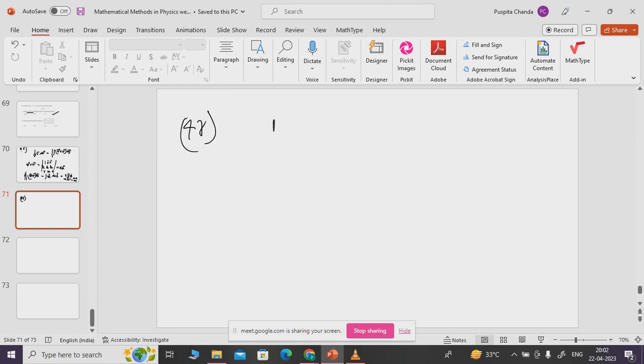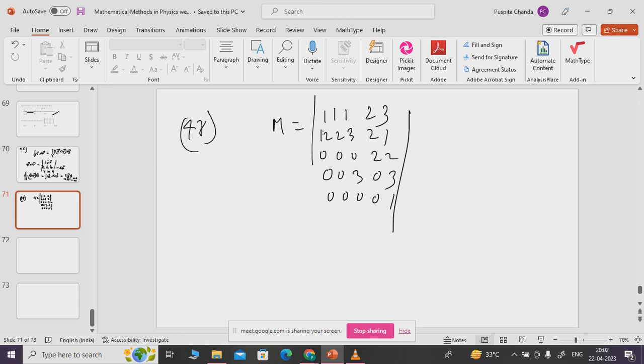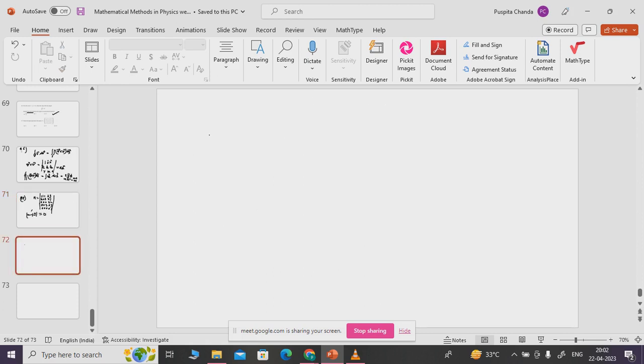So the question 47 is M is equal to the matrix 1 1 2 3, 1 2 2 3, 2 1 0 0, 0 2 2 0, 0 3 0 3, 0 0 0 0 1. We need to follow the conventional way, that is equal to 0.